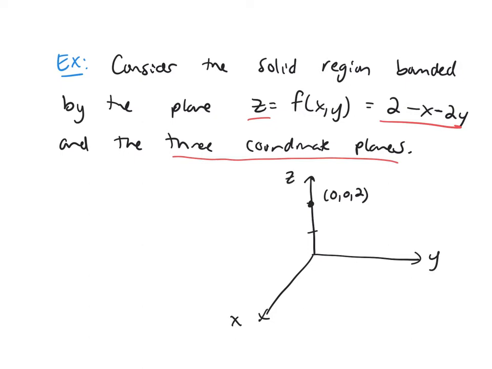If x and z are 0, then y is 1, so 0, 1, 0. And then if I'm looking at the point on the x-axis, so y and z are 0, which means x is 2. So 2, 0, 0 would be my point.